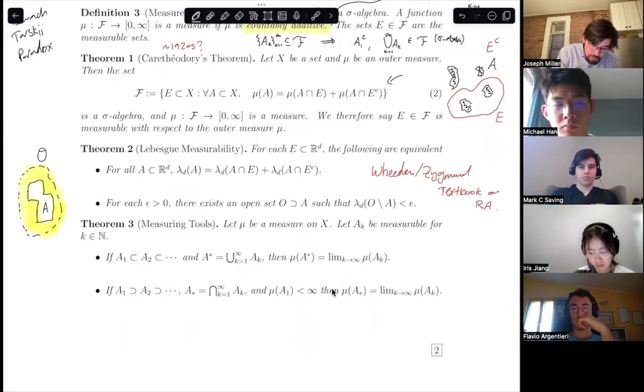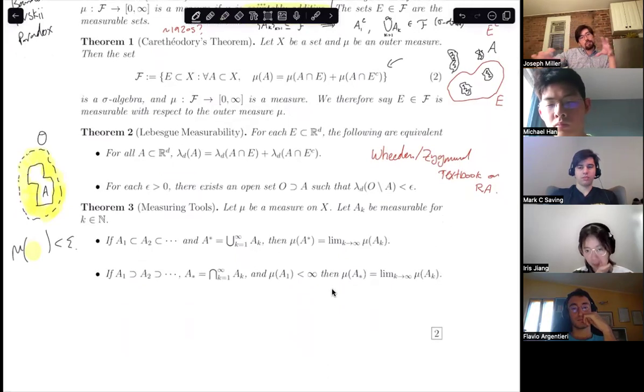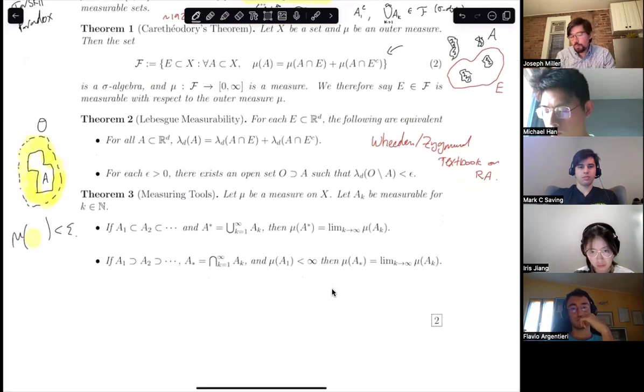So I want mu of whatever this region is to be less than epsilon. Right? So I can surround my set A by something that's open. So in general, Lebesgue measurable things are somehow related to open sets.